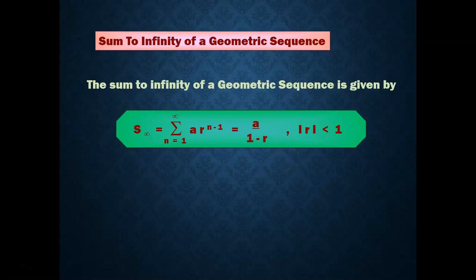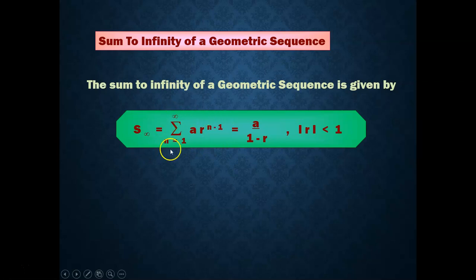Now just like your arithmetic series, what if your sum is to infinity instead of a certain finite number of 5 or 7 or 10? Now it's infinity. So the sum to infinity of a geometric sequence is given by S to infinity equals the sum of a r to the n minus 1, for n equals 1 up until infinity.